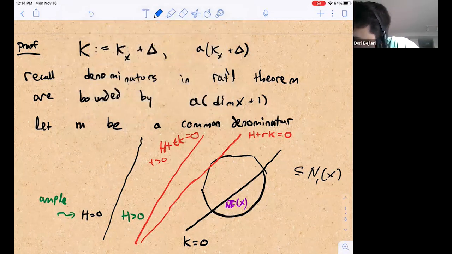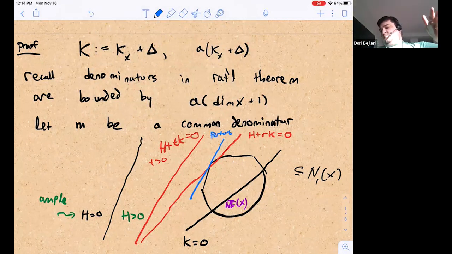So before we had this face cut out by H plus rK equals 0, and now when we perturb it, we get a face that's strictly smaller dimensional. And then continuing this way, we get all these rays on our cone that span every possible face on the negative piece. But because they're all given to us by the rationality theorem, they all have rational slope, and there's only countably many of them. And so that will essentially lead us to the proof of the cone theorem.